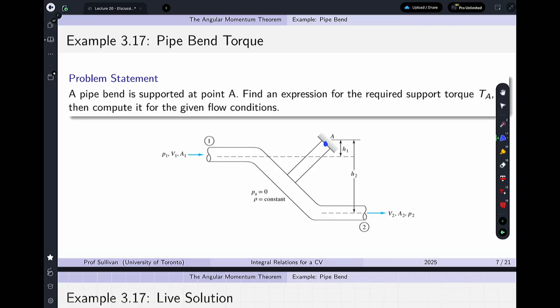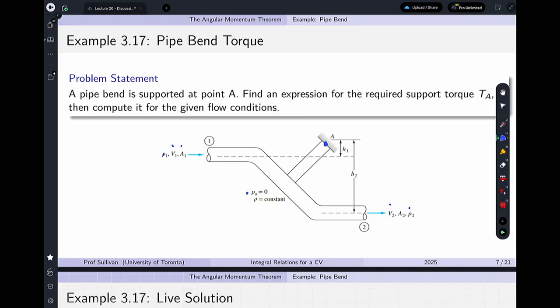You have pressure acting on both sides, P1, P2. You have V1 and V2 that's exiting. Outside, the atmospheric pressure is gauge pressure, and the density is constant. This is not a compressible flow. The flow is just moving through and coming out the other end.